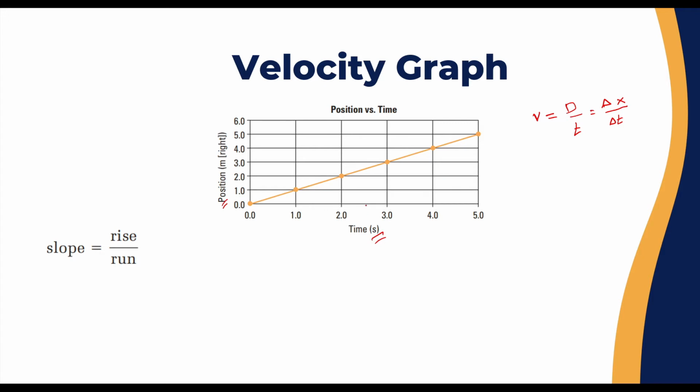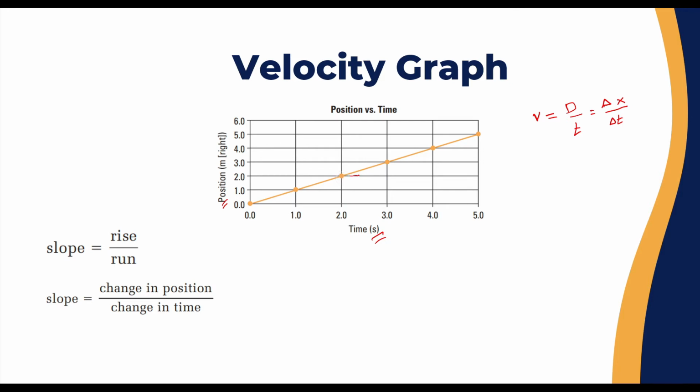Now, to find the velocity, you need to use the equation of the slope. So the velocity at each point is different. We know from a previous explanation that the slope is the rise over the run, and the slope in this case represents the change in position over the change in time.